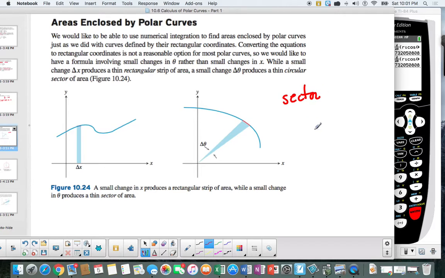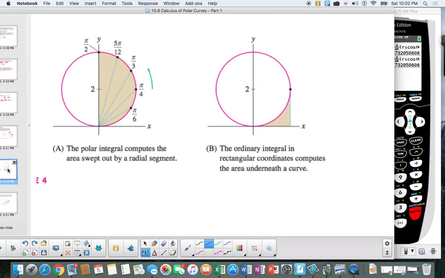And a sector is, back in geometry, a portion of the area of the circle like this. Okay, one more time. Polar areas look like this. They look more like sectors, where ordinary integrals will have that rectangular look from the curve to the x-axis.